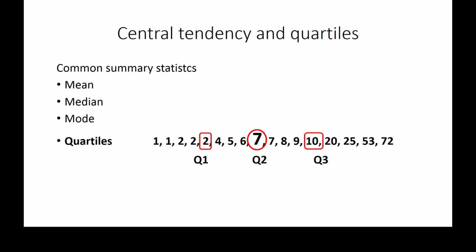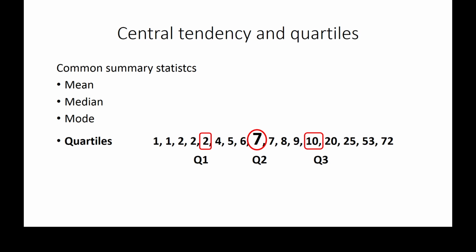There are several definitions of the lower quartile and the upper quartile, so the first and the third, but I use this one. Q1, the first quartile, is the median of the bottom half of the data. And if the number of observations is odd, we include Q2 in the bottom half.